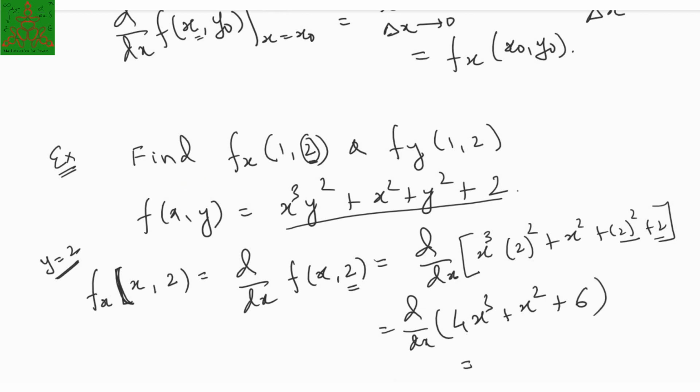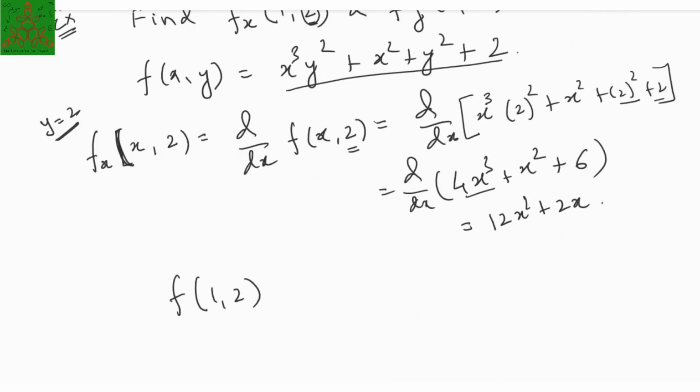Now the derivative of this quantity will be 12x square plus 2x, and at point (1, 2) the partial derivative of f will be 12 into 1 square plus 2 into 1, that will be 14.